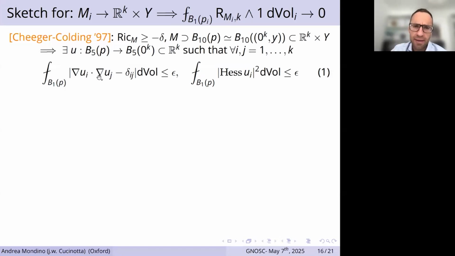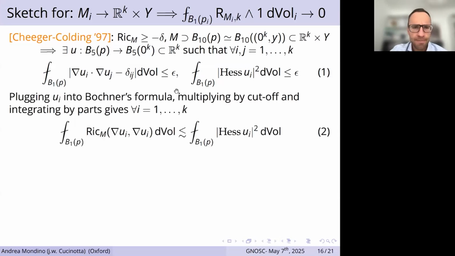So the gradient of u_i times the gradient of u_j minus delta_ij is small in an integral sense. So this should be understood as, in integral sense, the gradient of u is orthogonal, and the Hessian of u is small in an integral sense. So this is what Cheeger-Colding tells us.